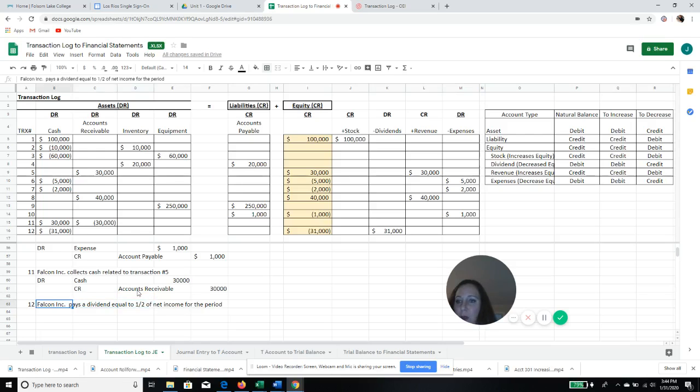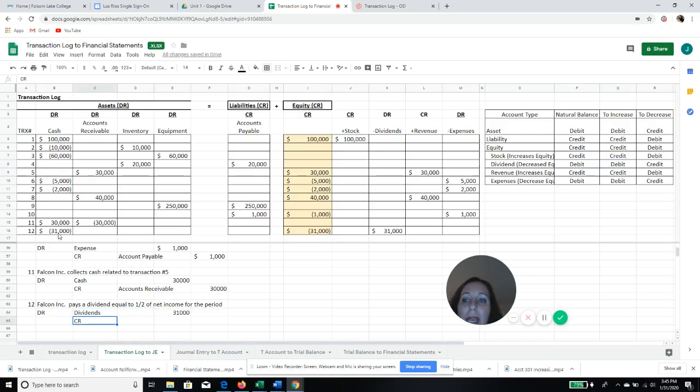All right, last one. Finally, we paid a dividend. So if we go over here, we increased dividends by 31,000. If we look at our chart, we increase a dividend with a debit. So I'm going to just put dividends for 31,000.